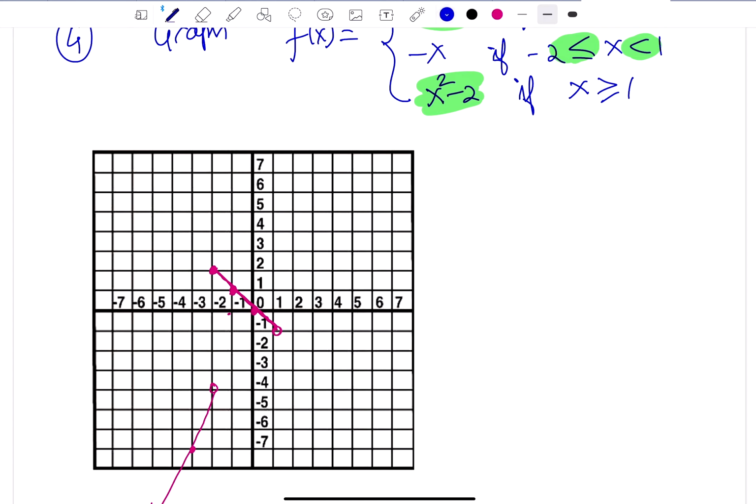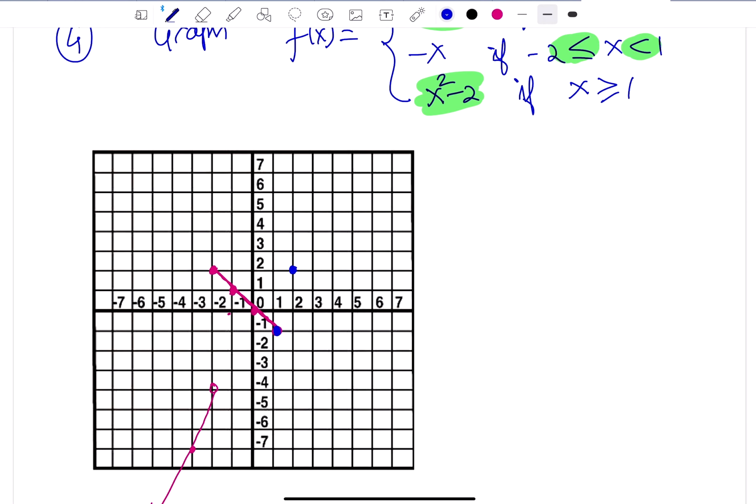So my last graph is going to cover the hole that I have here. And when x is 2, y would be 2 squared, 4 minus 2 is 2. When x is 2, y would be 2.